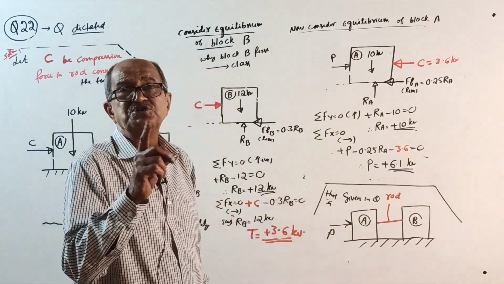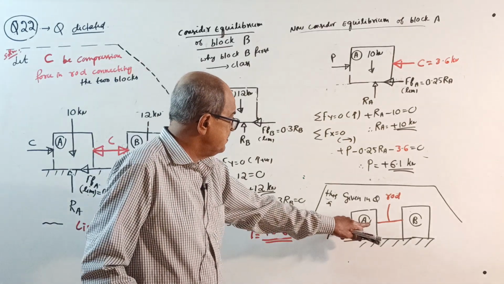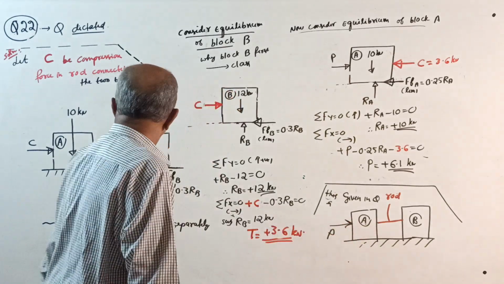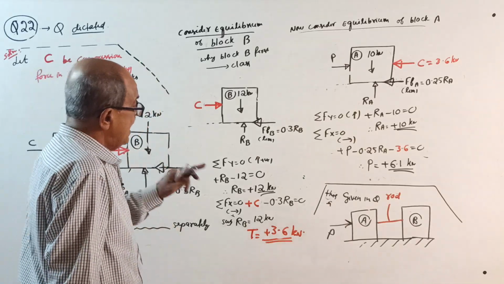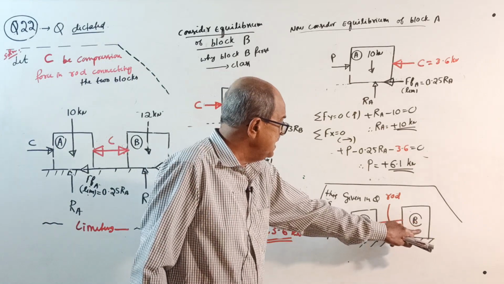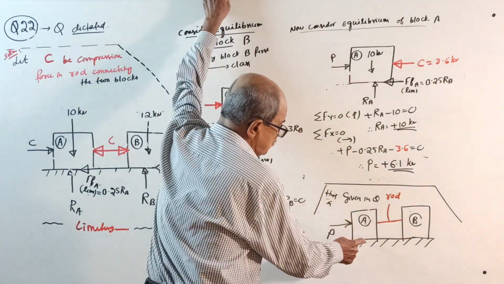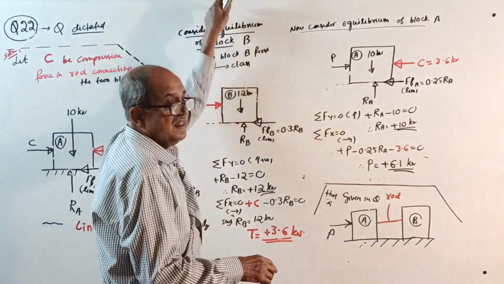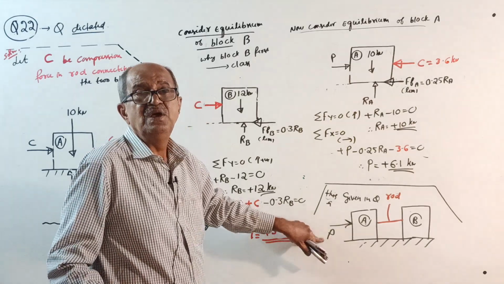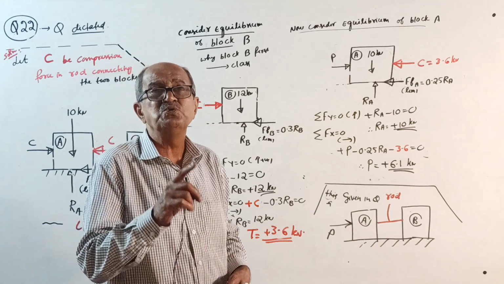Then coefficient of friction between block A and the contact surface is 0.25, and coefficient of friction for the contact surface of block B with the surface is 0.3. Here 0.25, here 0.3. Then a horizontal push P is applied. Find the value of P when the motion is about to start.